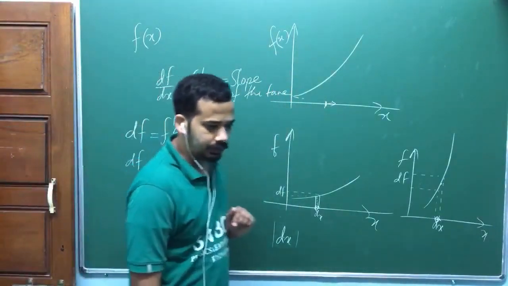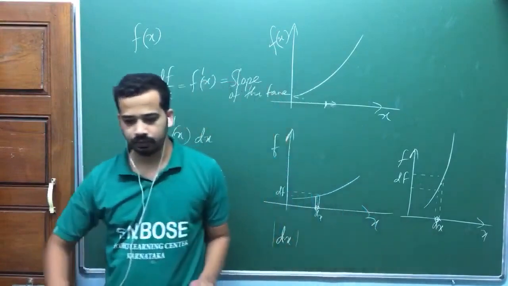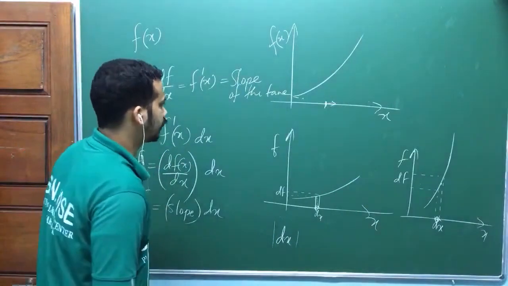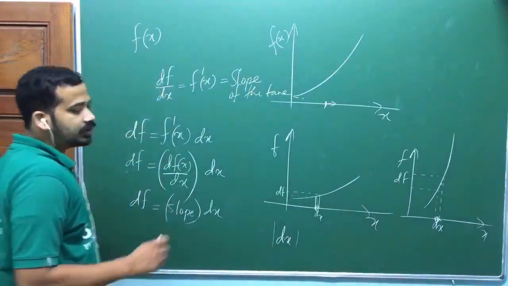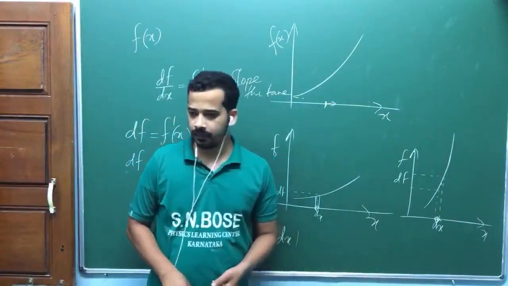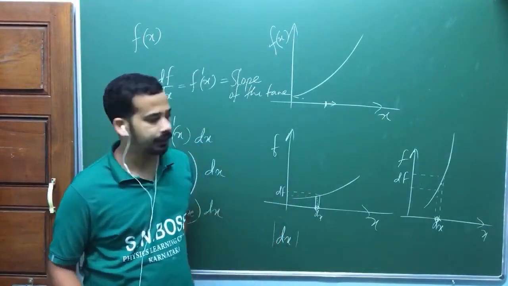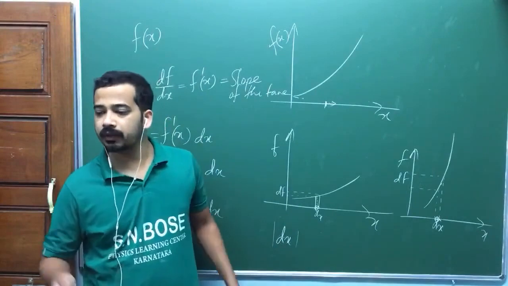And one more thing you need to observe here, because later I'm going to convert all of this to multivariable. This derivative is a point operation. What do you mean by point operation? You are going to take the derivative at some point.